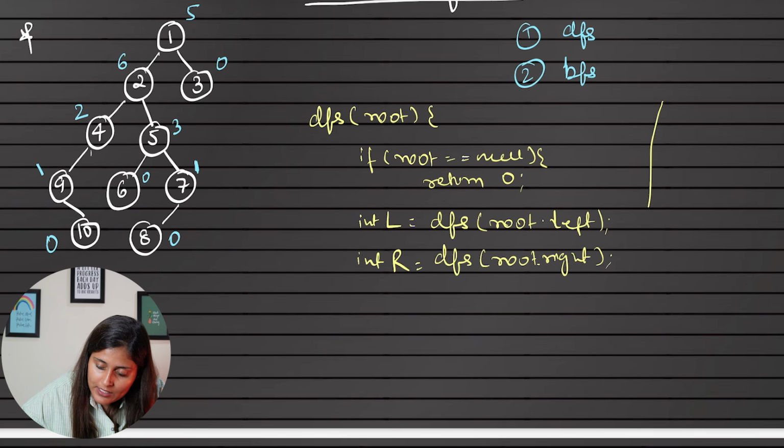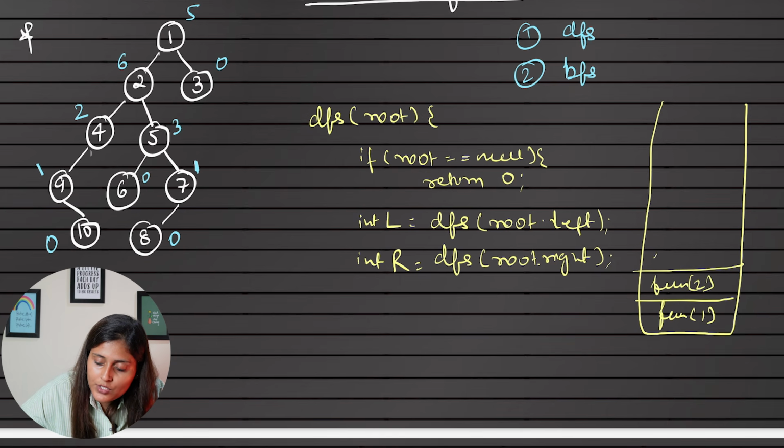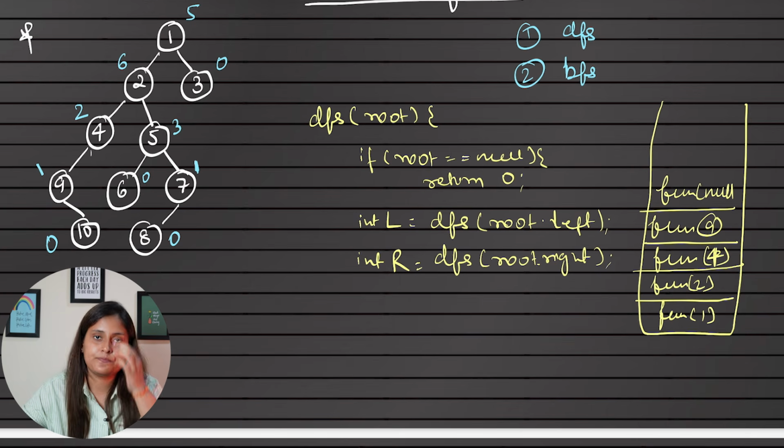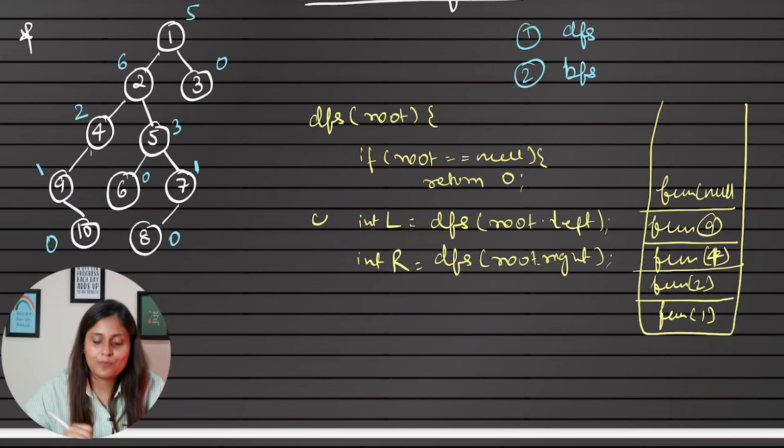Here is our stack. Function 1, 1 dot left function 2, 2 dot left function 4, 4 dot left function 9, 9 dot left function null. Can I say it will go and say, hey, root is null, return 0. So left will have 0.